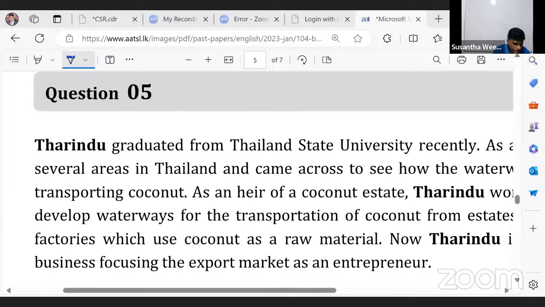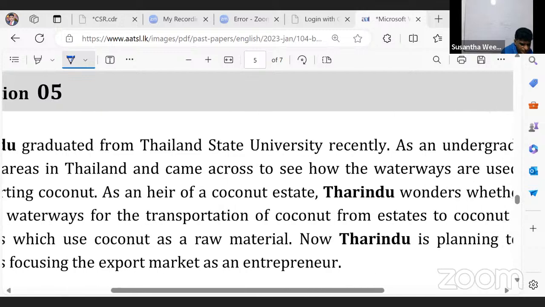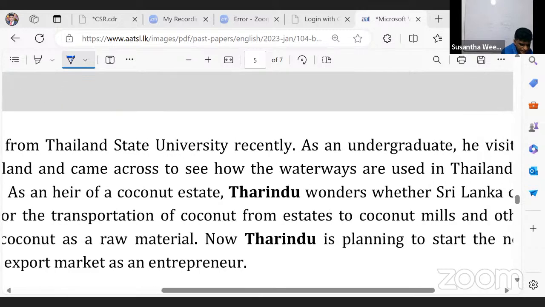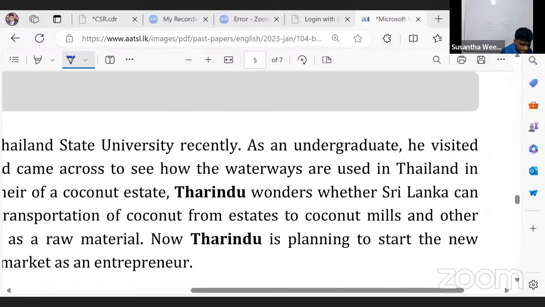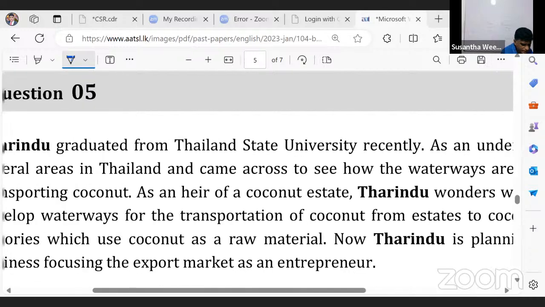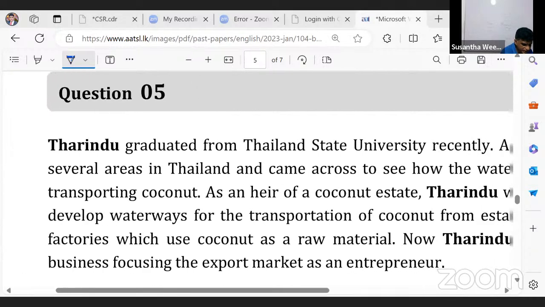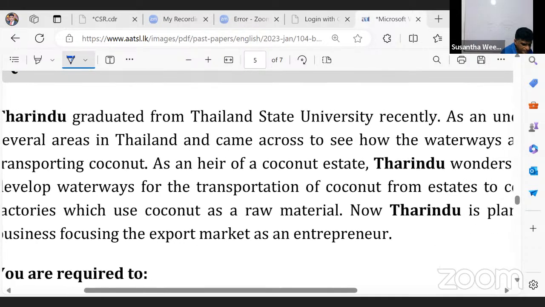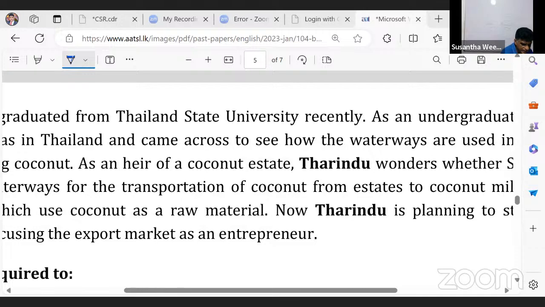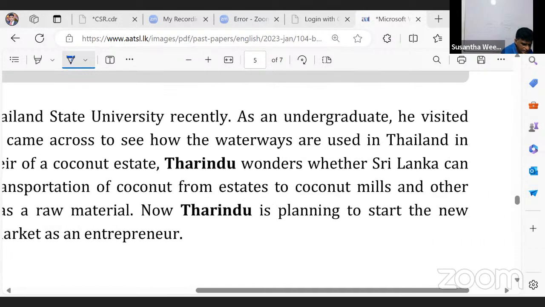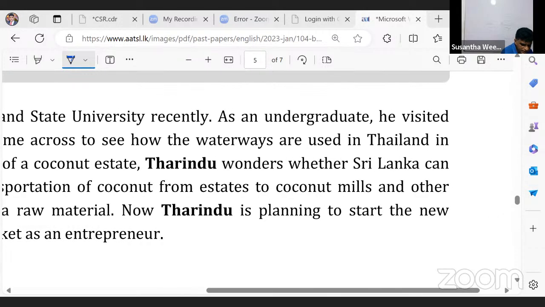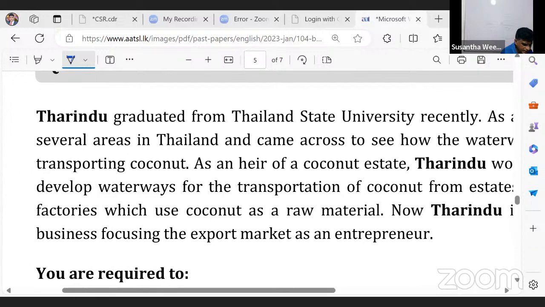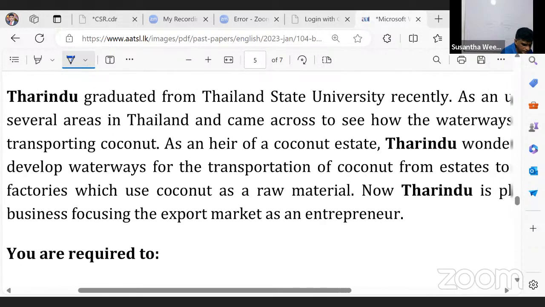Tarindu graduated from Thailand State University recently. As an undergraduate, he visited several areas in Thailand and came across how the waterways are used in Thailand in transporting coconut.